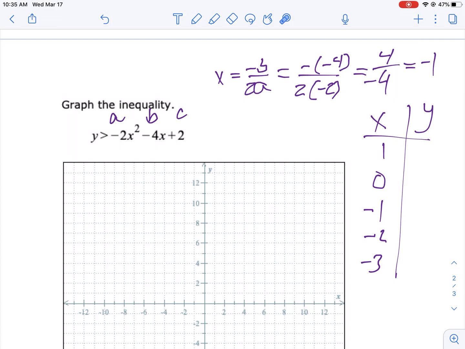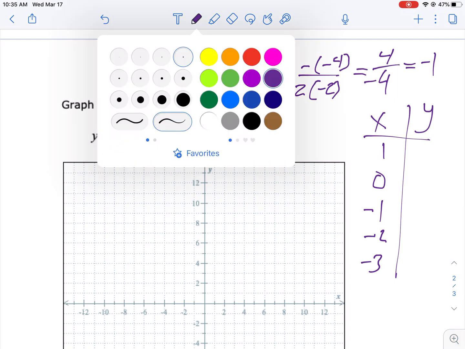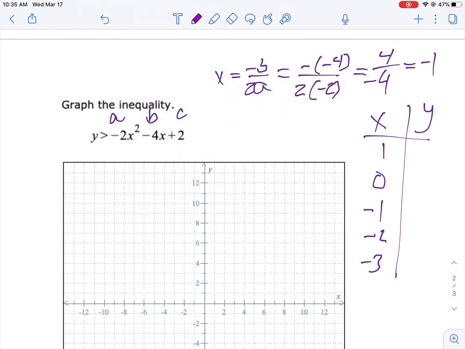Maybe I'll show a little bit of work on this one. Let me switch colors here so you can see the difference. So I'm going to say negative 2 times negative 1 squared minus 4 times negative 1 plus 2. Well, negative 1 squared is positive 1.